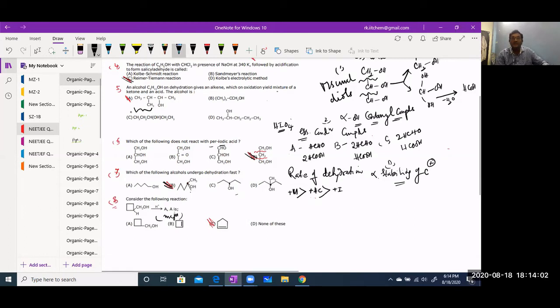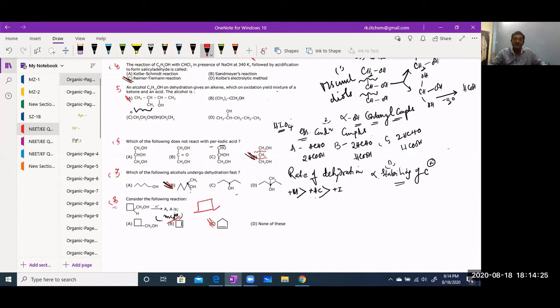When we have written major product, what's going to happen is that when there is CH2OH, meaning the OH is out of the ring, it undergoes ring expansion to get a stable ring due to reduced angle strain.